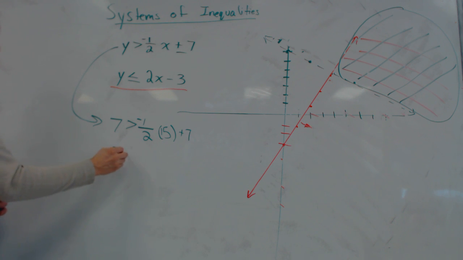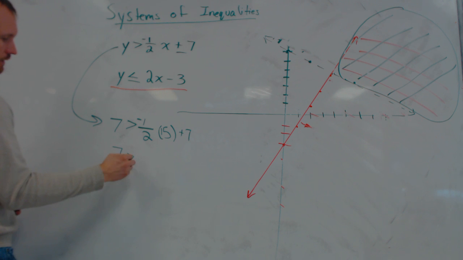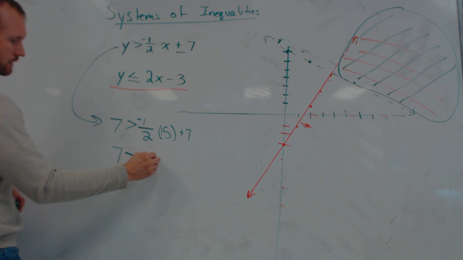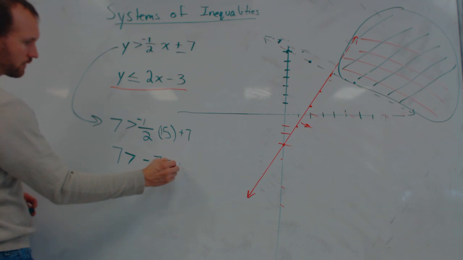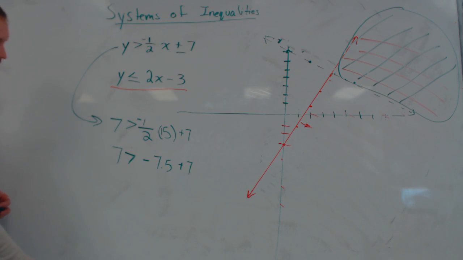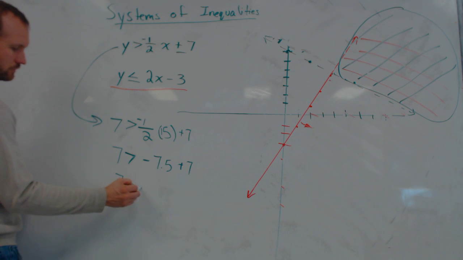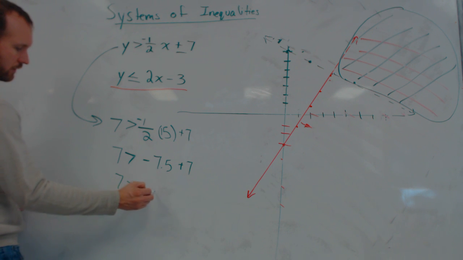So that would be 7 is greater than negative 7.5 plus 7. Oh, yeah, 7 is greater than negative 0.5.